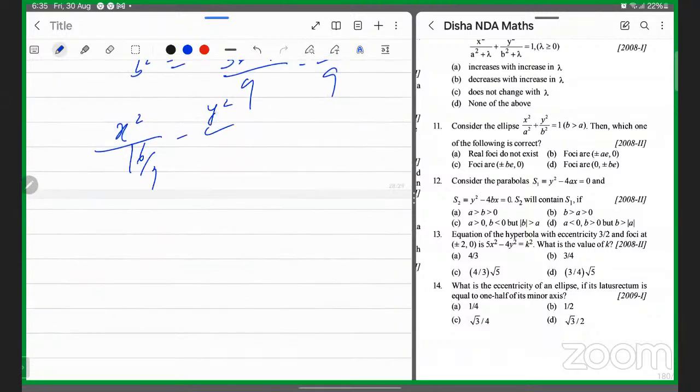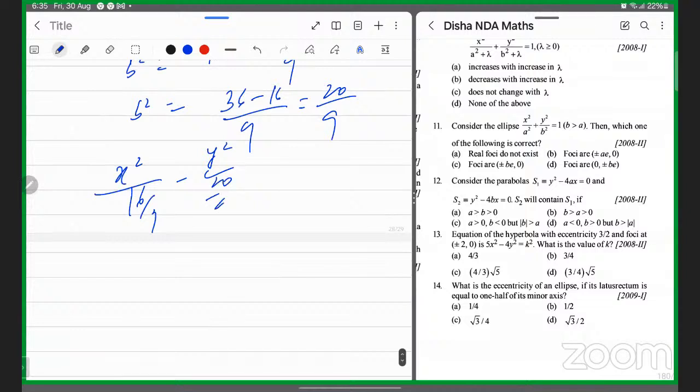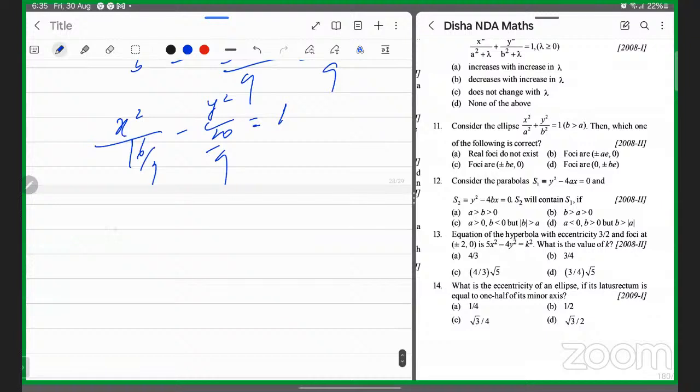As y square, this is 20 by 9 is equal to 1. So this will be 9x square. 9 will be common. 9 by x square by 16 minus y square by 20 is equal to 1. Any problem?